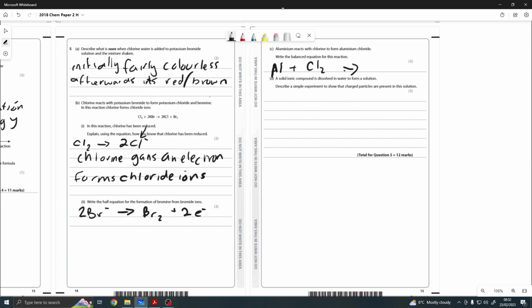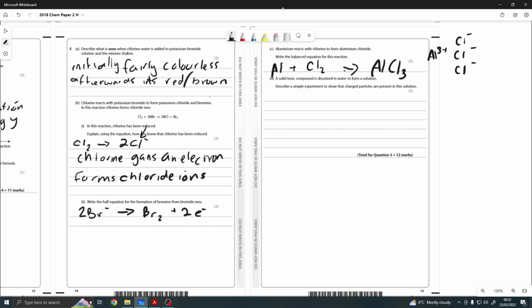Now, hopefully you know that aluminium, being group 3, forms a 3+ ion, therefore there must be 3 chlorines to balance out the 3 plus ion, okay? Because you've got an Al 3 plus and then 3 Cl minuses to balance this out.